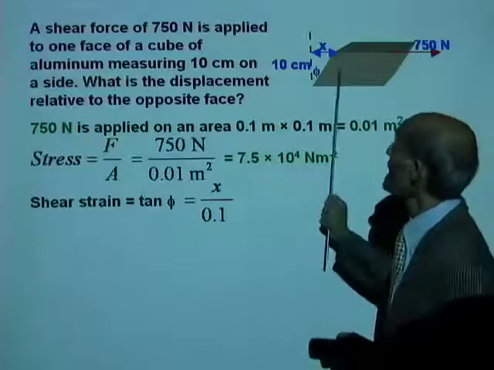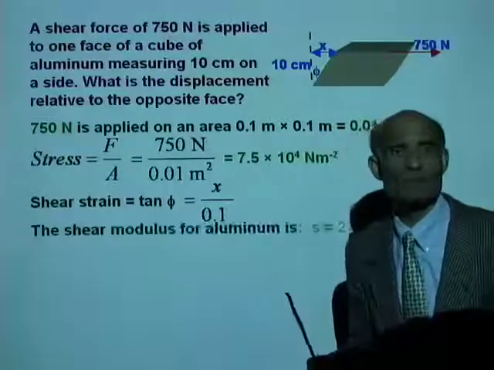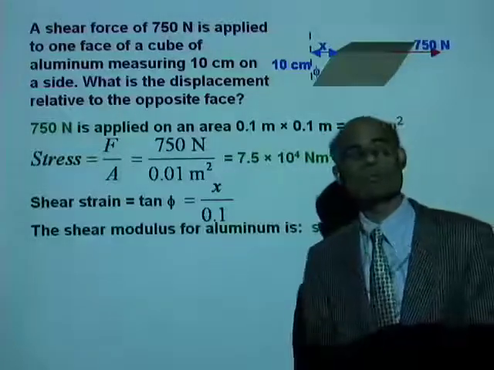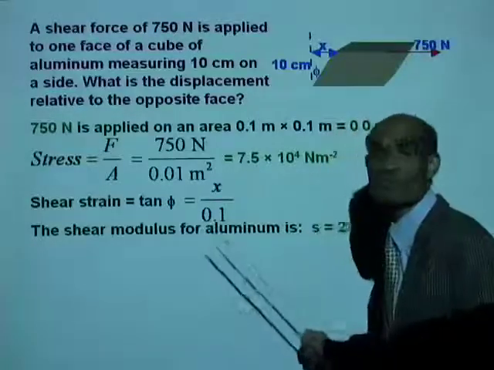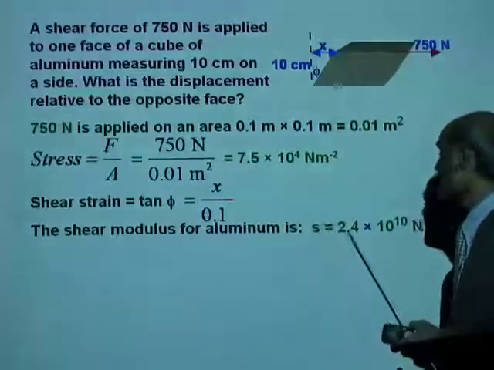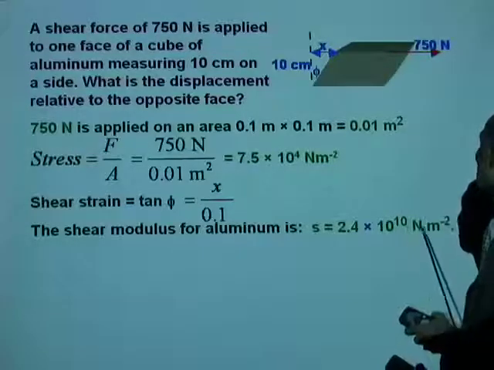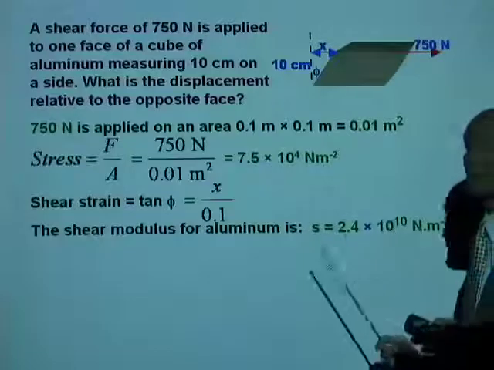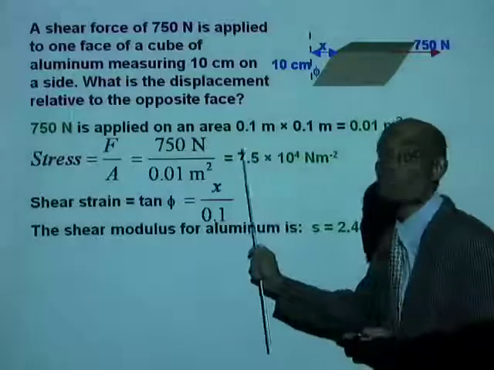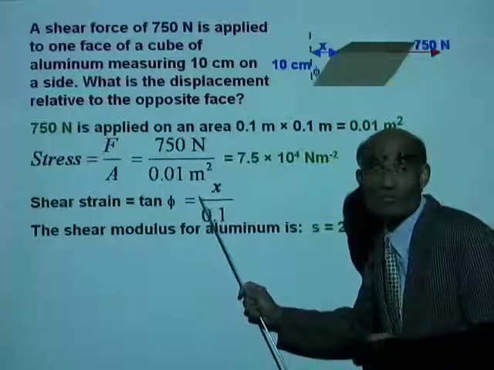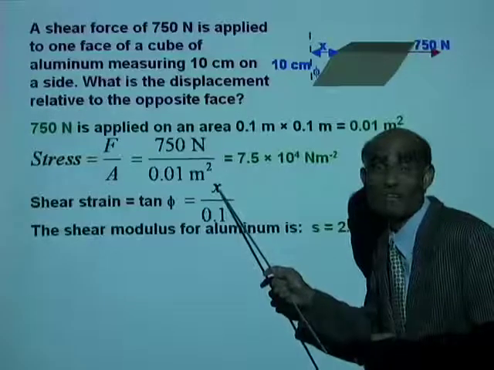Well, this is aluminum, and what is the shear modulus of aluminum? Can you look back on the table and get the value of the shear modulus of aluminum? You have S equal to 2.4 times 10 to the 10 Newton per meter squared. So we know the shear modulus for aluminum, we know the stress, and we know the strain where we need to find this x.